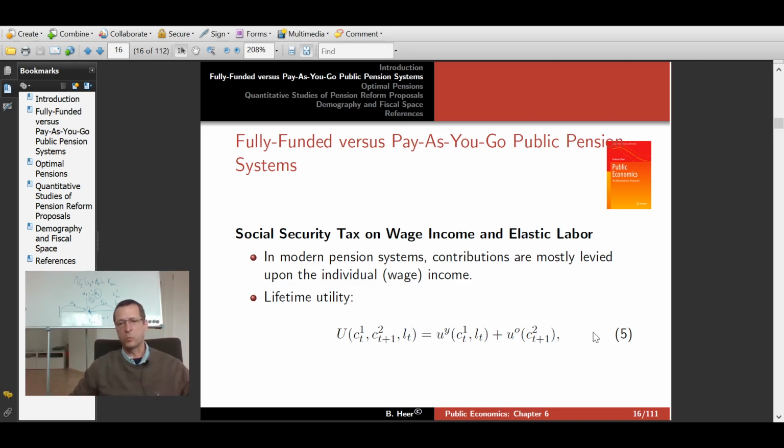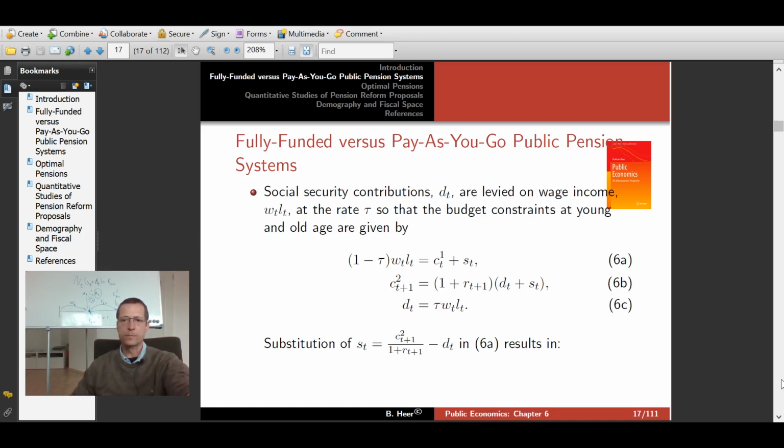So that's an integral part: utility in old age is smaller or higher depending on the discount factor beta being smaller or larger than 1. This is just to simplify our analysis. So lifetime utility is additively separable in utility today and utility tomorrow, U_Y and U_O.